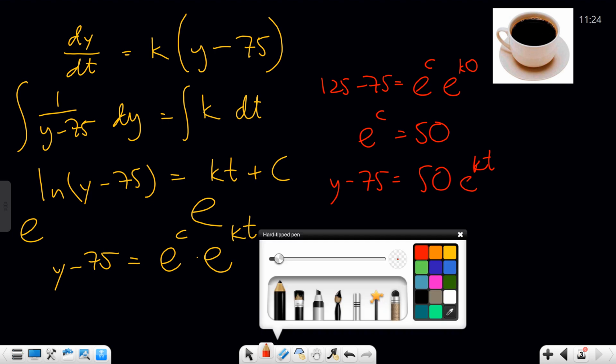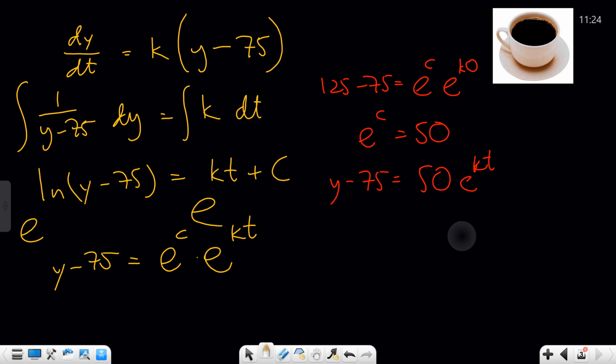Okay, change colors again. All right, what's the next chunk of information? Well, it cools from 125 to 100 in half an hour.